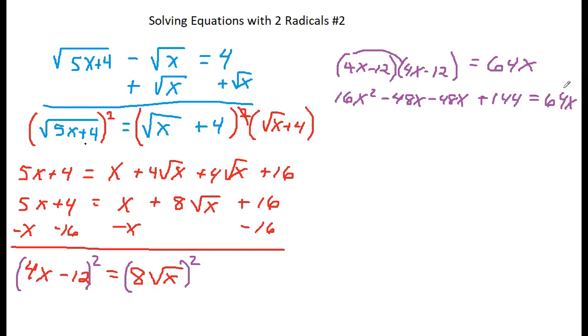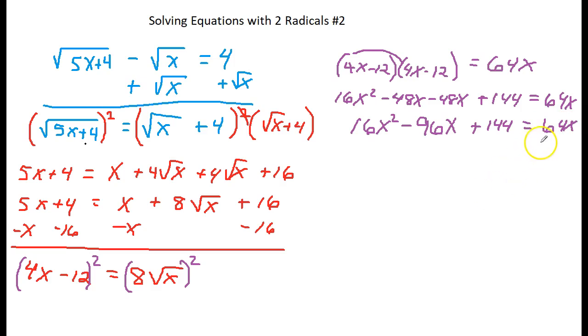Now I've got to combine like terms on the left side. So I'm going to first of all rewrite my 16x squared. All right, and I have 16x squared minus 48 and 48 make 96, so minus 96x plus 144 equals 64x.